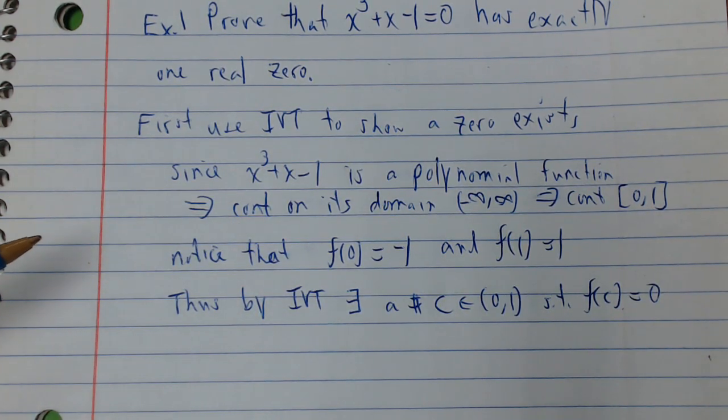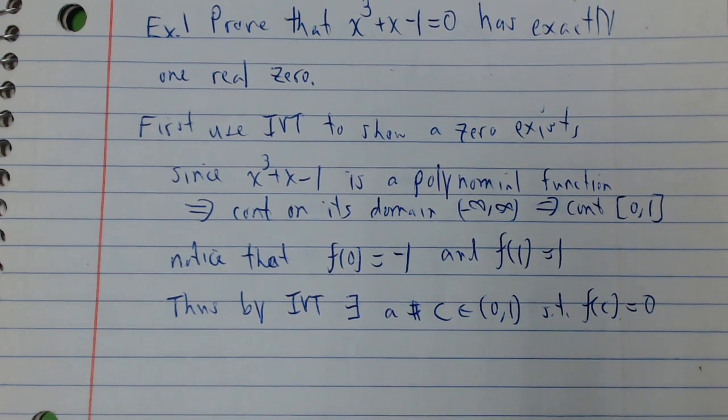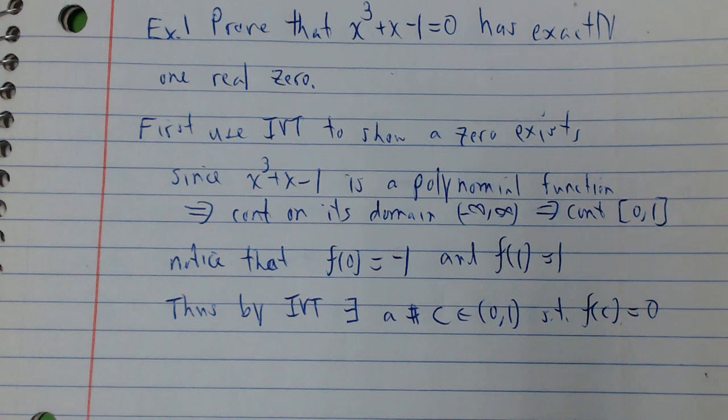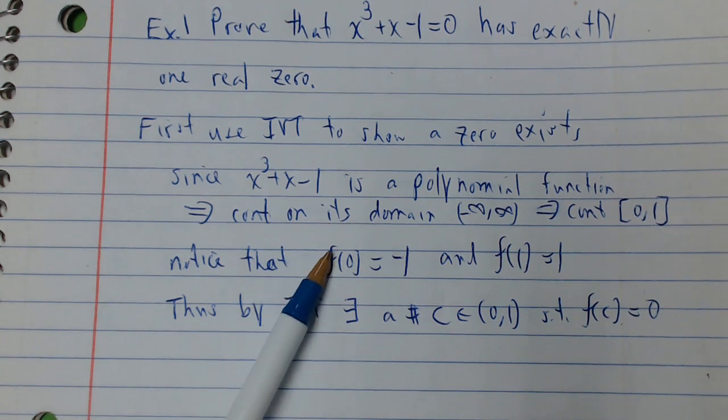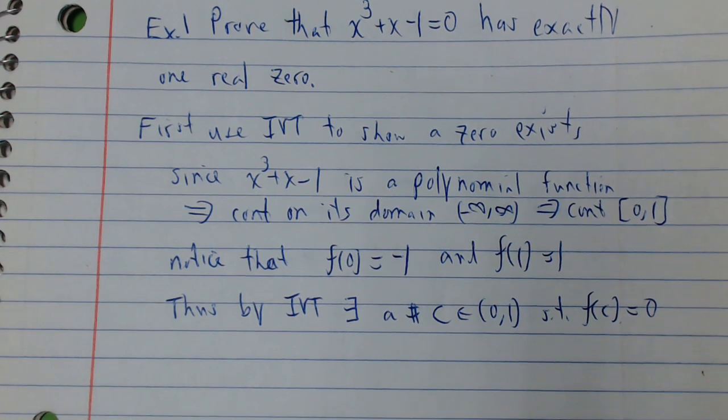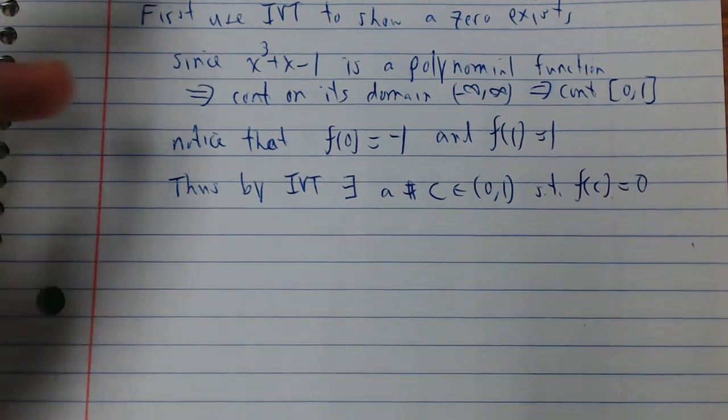Okay? Now, we're not done with this problem, because we need to show that it has exactly one real zero. So what do I know? We've shown that a root exists. Now we need to show that we can't have more than one real zero, okay? So here's what we're going to do.